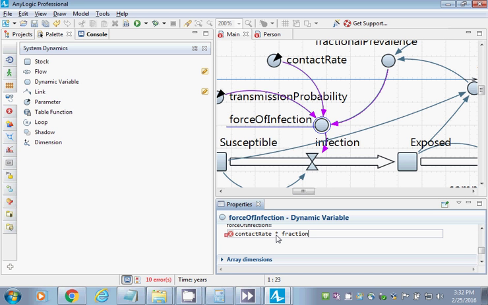This is the standard approximation in a compartmental model. So contact rate times fractional prevalence times transmission probability gives force of infection, the chance per unit time someone will be infected. There it is right there. You should be able to auto-complete this.